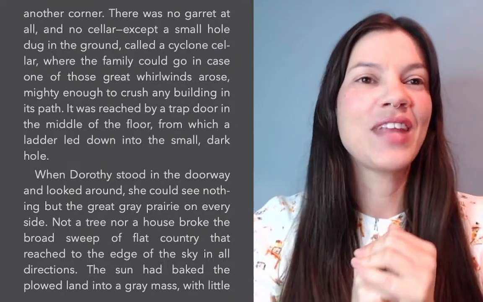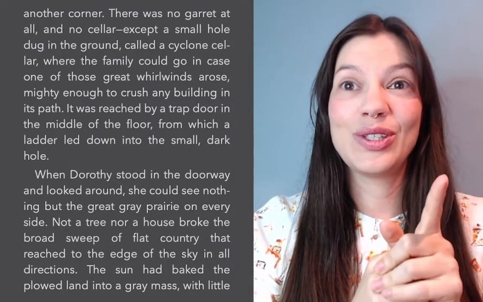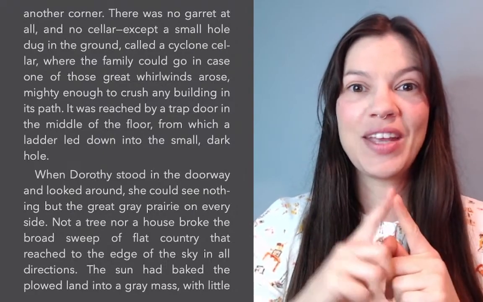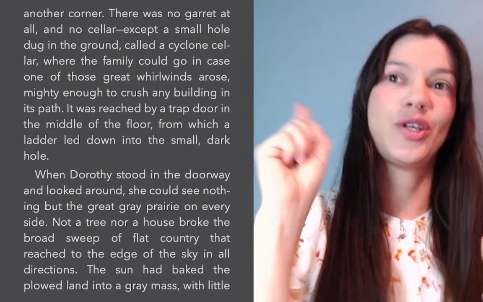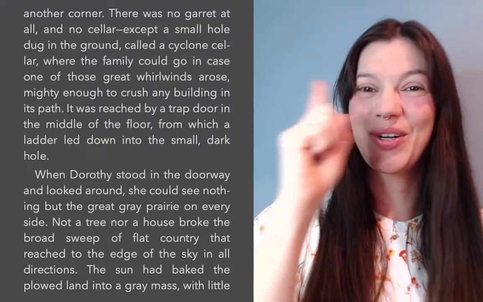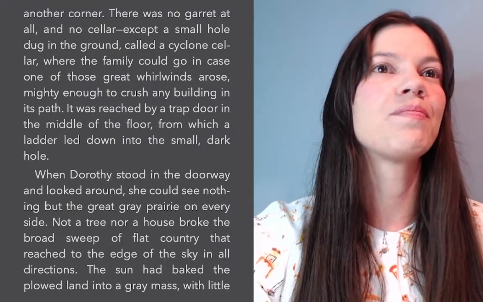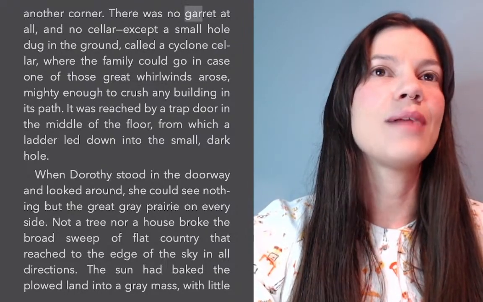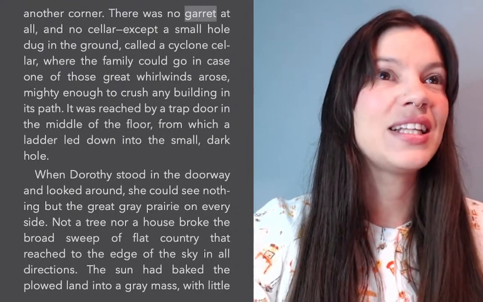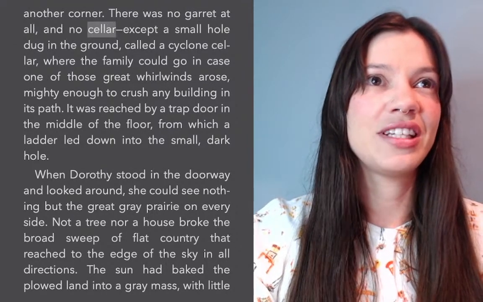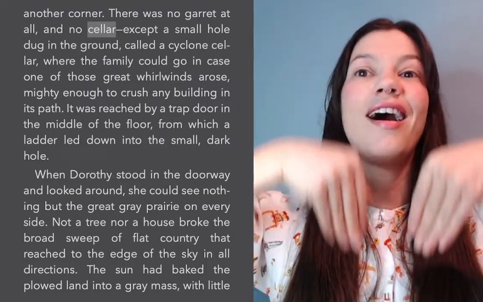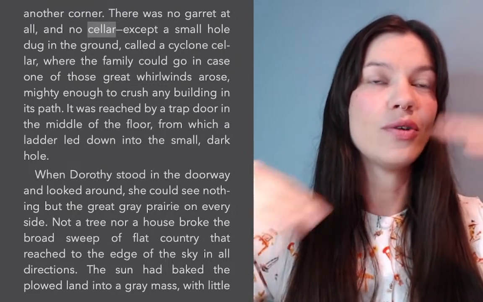So let's pause there. He uses the word cyclone in this story, but what he means is tornado. Tornado is when the wind is going really fast. If you've seen the movie, you've seen the tornado. He calls it cyclone. So garret, I'm not even sure. I don't really use this word. But cellar, another word we have for this is basement. So the room that's under the first floor of your house.